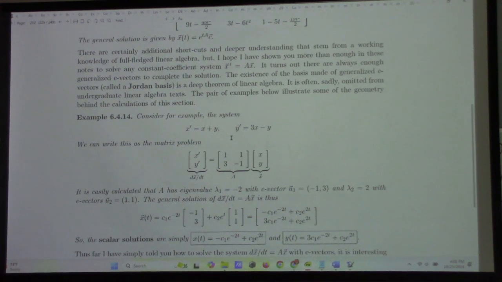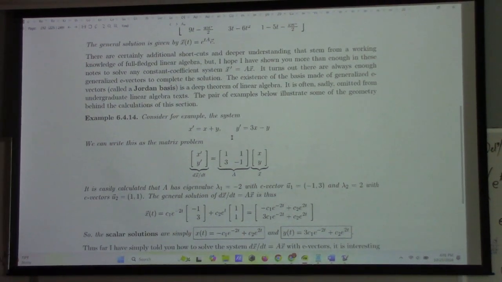The standard way this would be solved in 221 would be you find the eigenvalues, you find the eigenvectors, and you take a linear combination of the eigensolutions, and you're done, right? And that's fine. The only downside is, what does this mean geometrically?